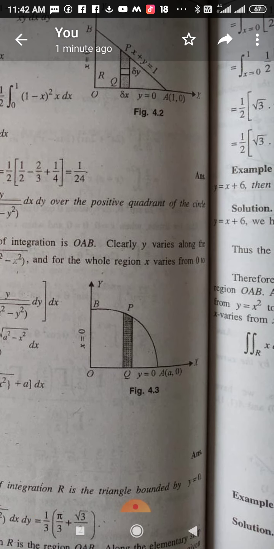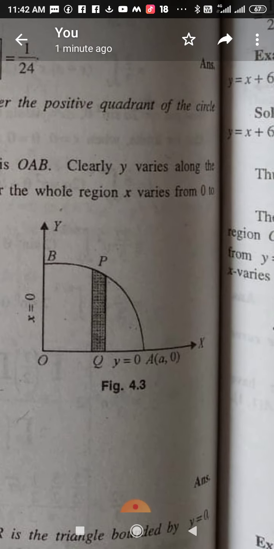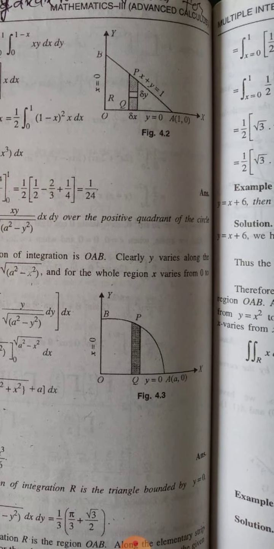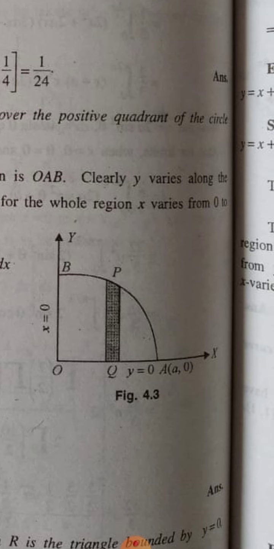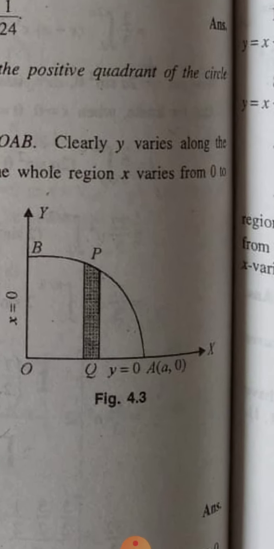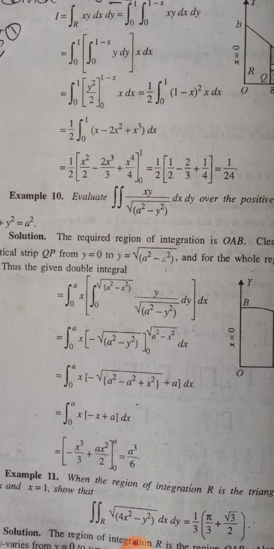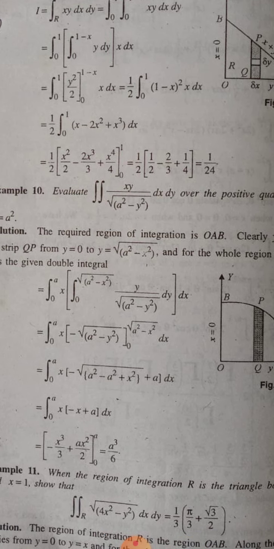Now putting the limits, here the strip varies from x equals 0 to x equals a. On the x-axis, the strip varies from point O to A, or coordinates 0,0 to a,0. So the integration limit of x is 0 to a.